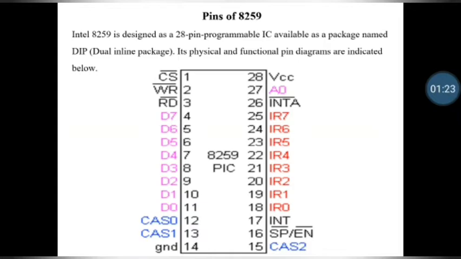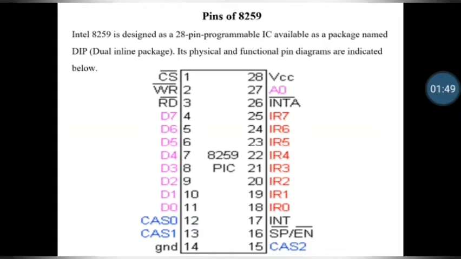Means the data will be stored in 8259, and this pin enables 8259 to accept command words from the CPU.